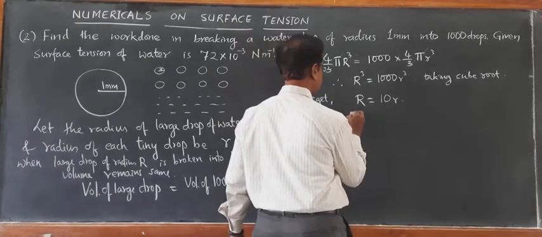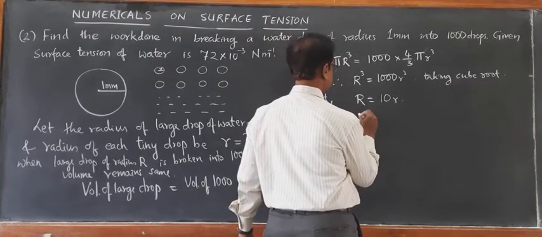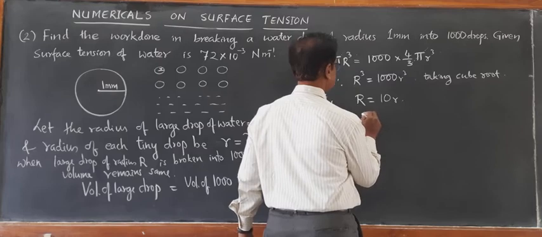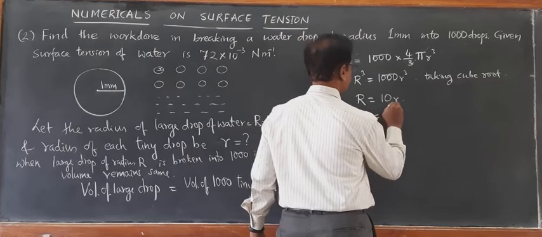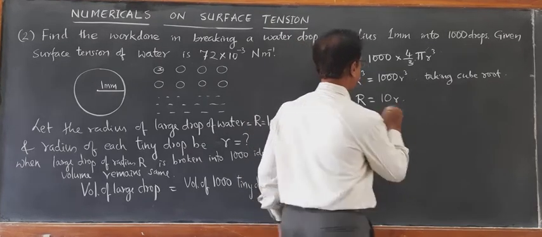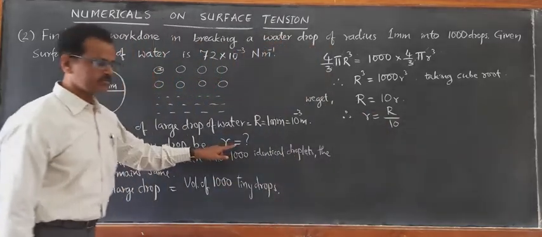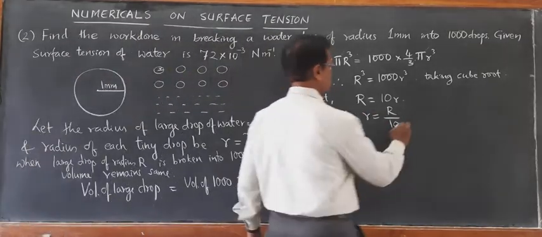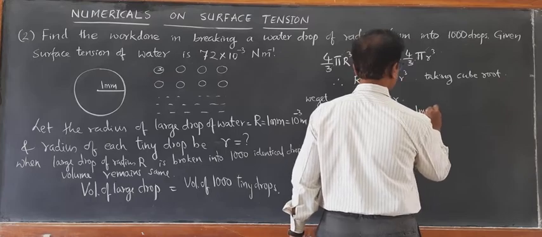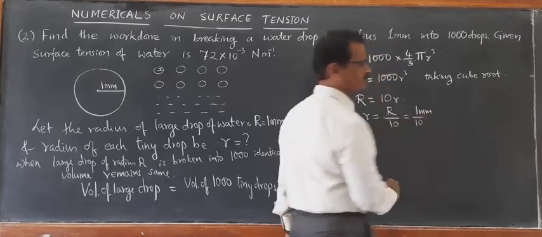Therefore, small r is equal to R by 10. That's what we wanted. So small r is 1 millimeter divided by 10, 1/10 of a millimeter.